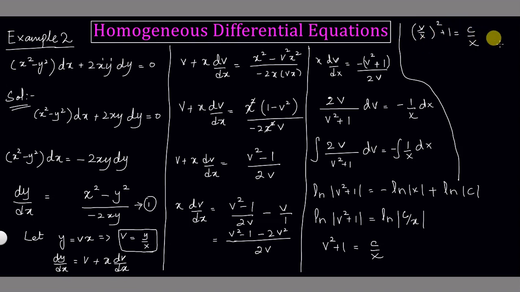You can leave the equation over here, and if you want to further simplify it, it will become y square over x square plus 1 is equal to c over x, and further simplification we will get y square plus x square over x square is equal to c by x. So final answer will be x square plus y square is equal to Cx.